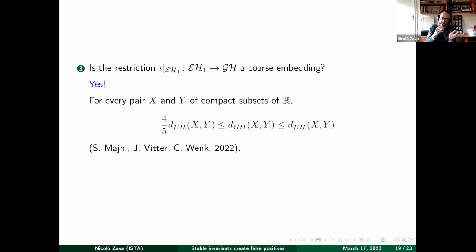And in their paper, they also proved that this lower bound is tight, so it cannot be improved. So in this case, this map is not just a coarse embedding, but it's extremely nice, a bi-Lipschitz embedding, a particular case of coarse embeddings.